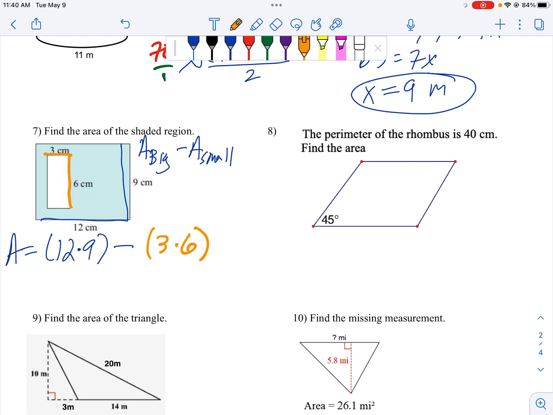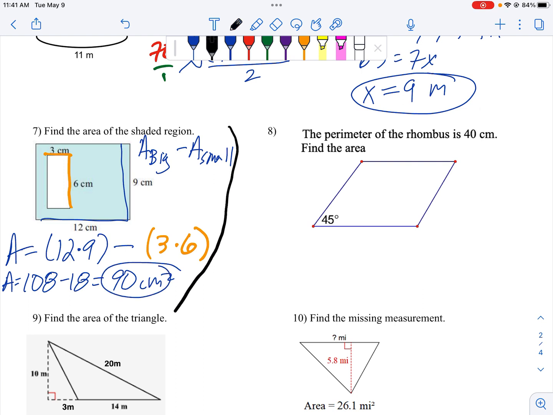All right. 12 times 9 gives you 108 minus 18, which will give you 90 centimeters squared. Anytime you're doing area of the shaded region, do the outer shape minus the inner shape.